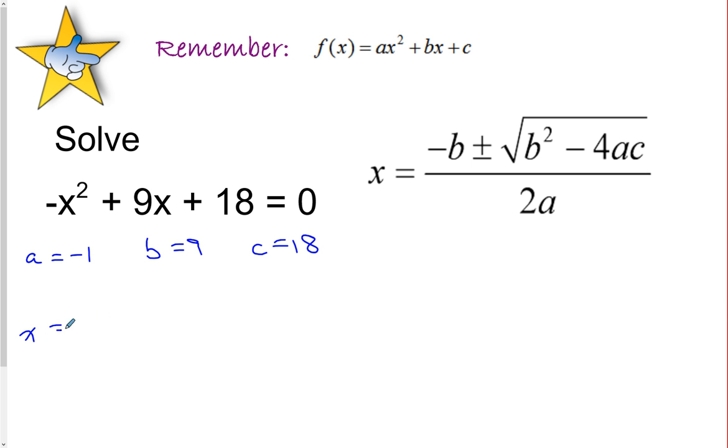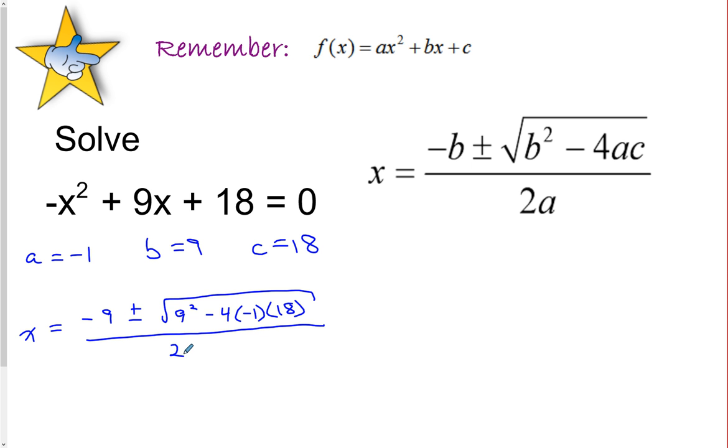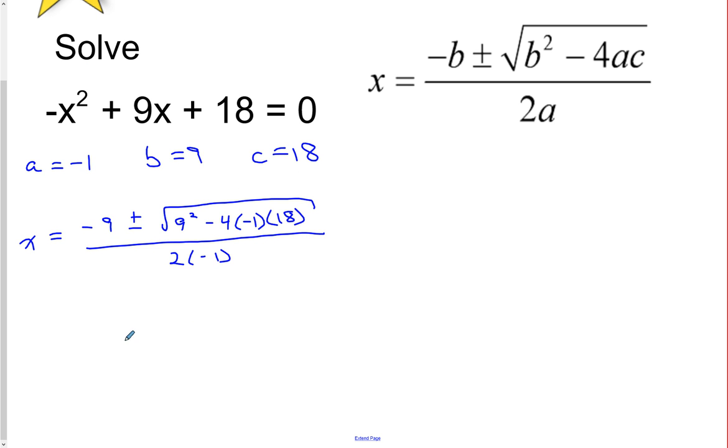We'll sub into our equation -b, so -9, plus or minus the square root of b squared, so 9 squared, minus 4 times a is -1 times c is 18, all over 2 times a, which is -1.